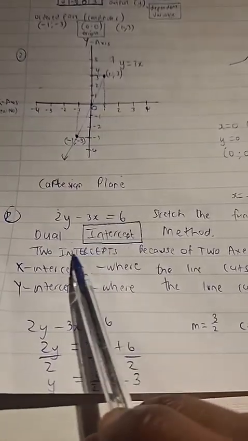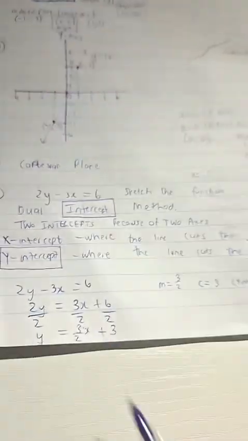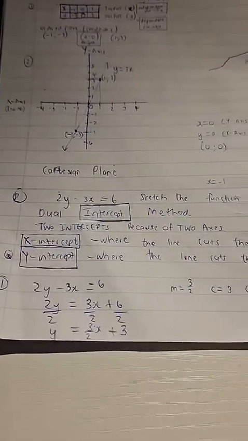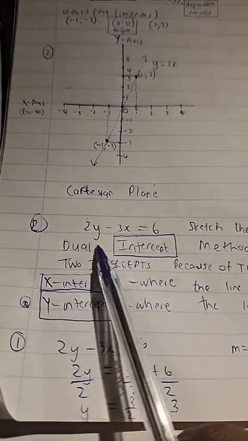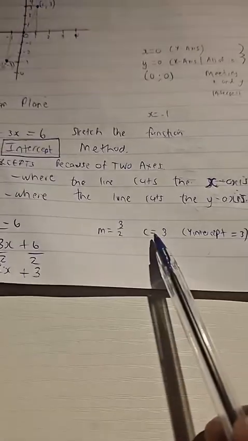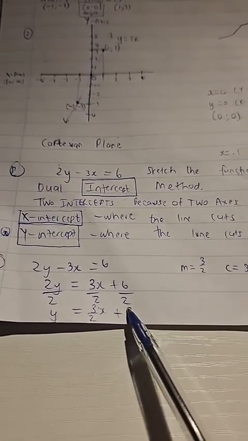So if you look at this method that I was talking about here, the dual intercept method is about getting the y-intercept and the x-intercept. That's what we want to calculate. And then by using these two intercepts, we simply sketch the graph. But guys, the only time we use the dual intercept method is if there is a constant that is not 0.